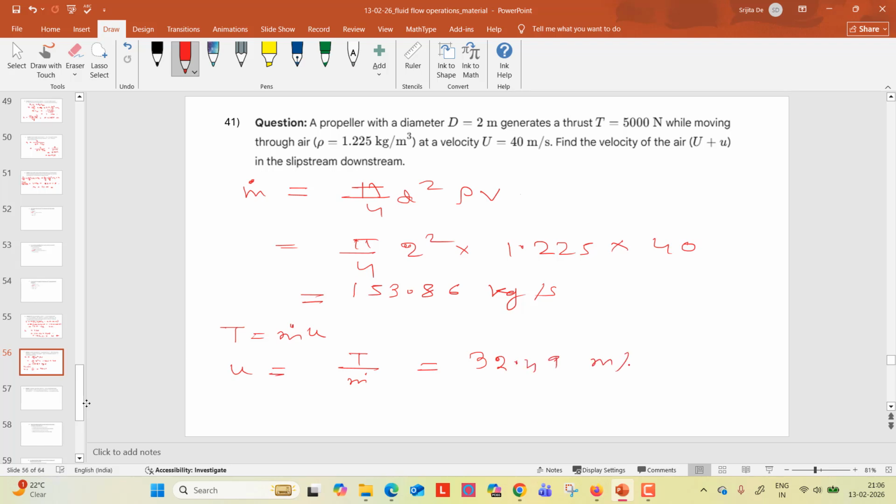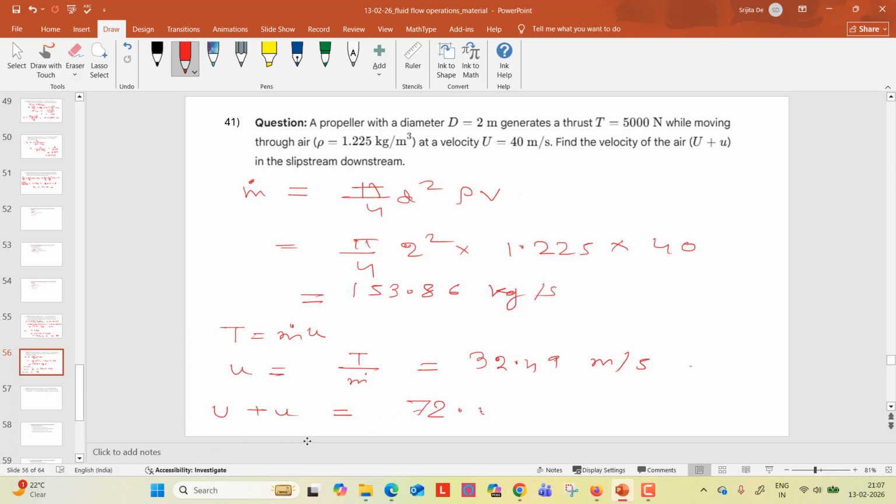Find the velocity at the downstream, that is u plus u, then coming as 50 plus 40 plus this. This is 72.49. It is coming as 72.49 meter per second.